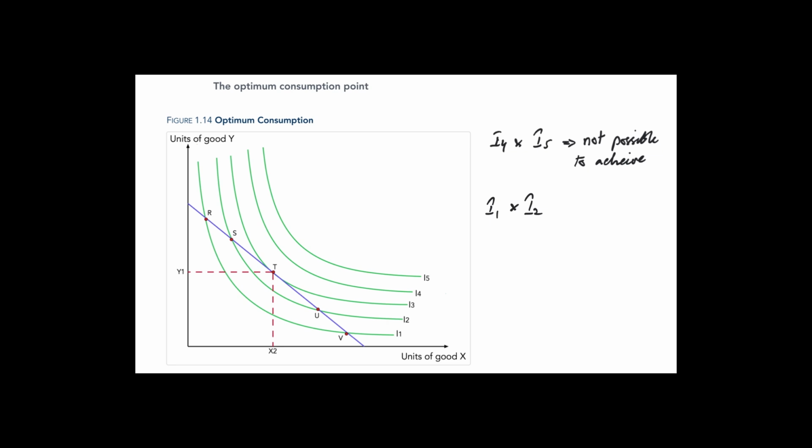And we've learned whenever it's crossing through, that means you are utilizing the entire budget, but you are not maximizing the utility. So that's why points R, S, U, V are not the combinations you should try to achieve.